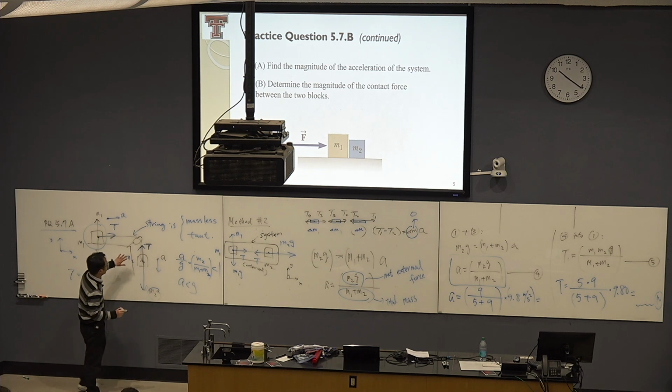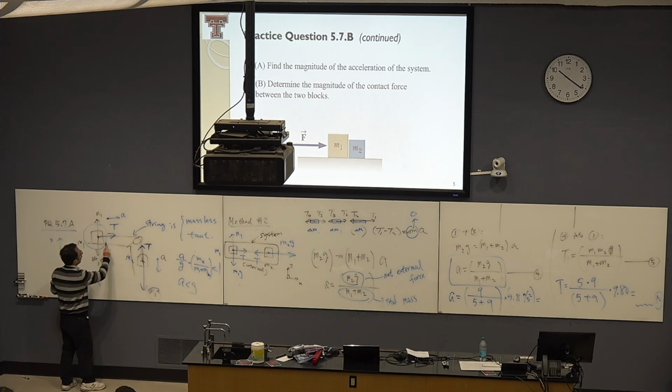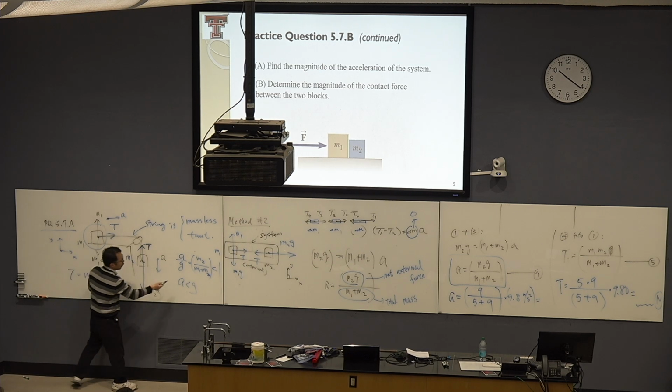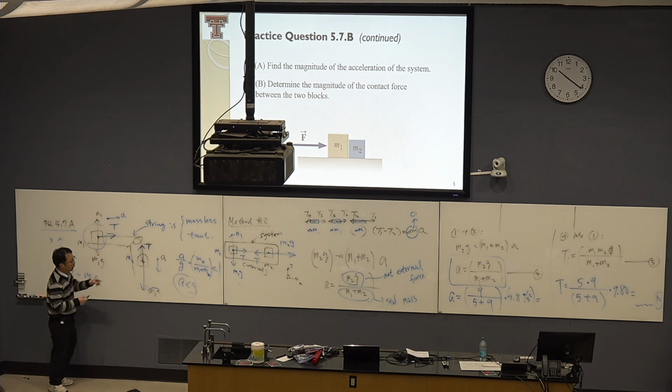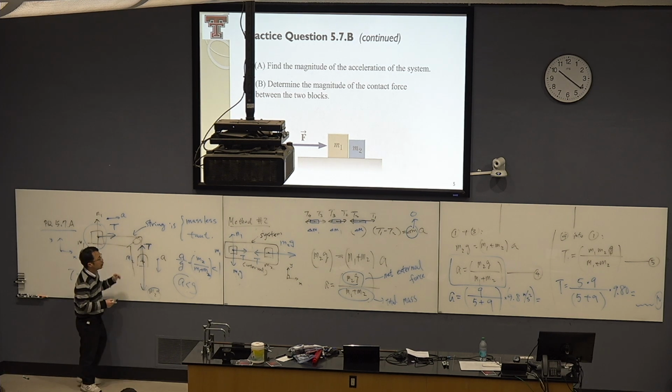The purpose of such a machine, consider that as a simple machine, is that it will give you a horizontal constant acceleration on m1. But the drawback is that the acceleration will never be larger than G. It will always be smaller than G because of this answer here. Let me say again.